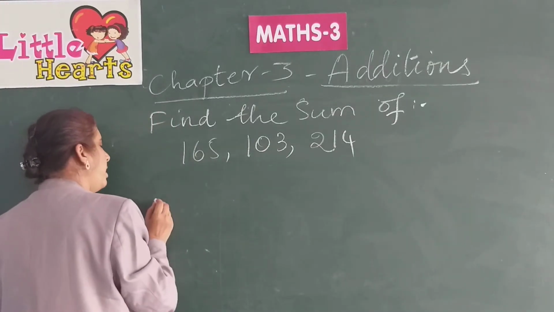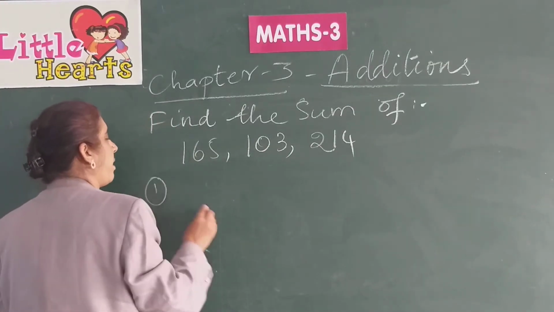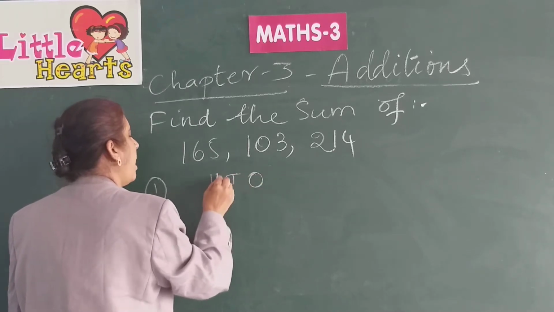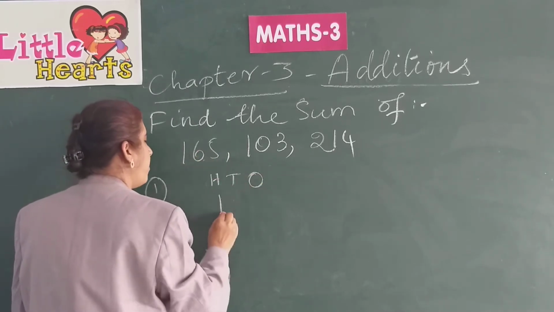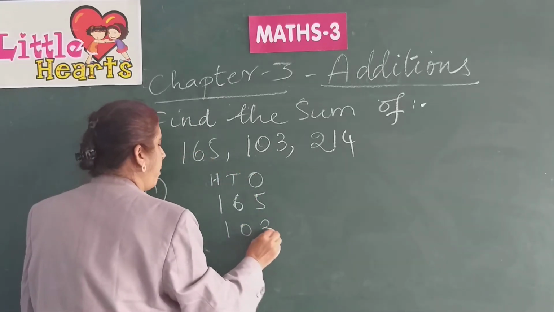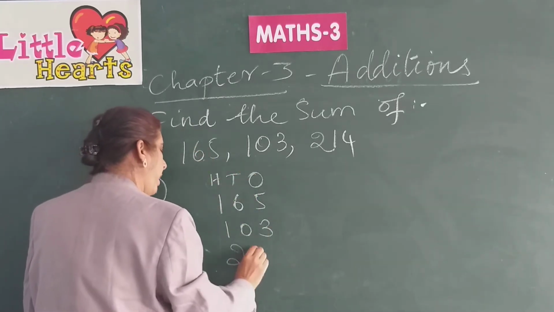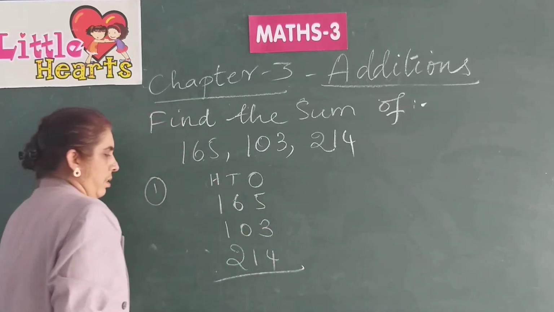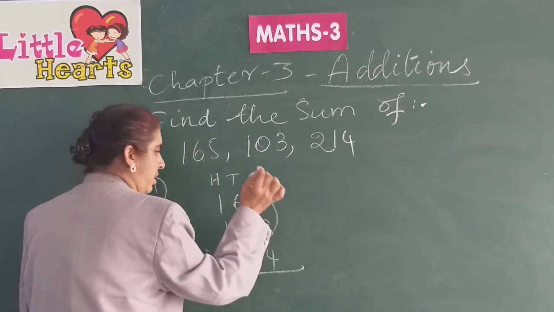You should arrange them in columns and then add. Ones, tens, hundreds. The first number is 165, 103, 214. 5 plus 3, 8.